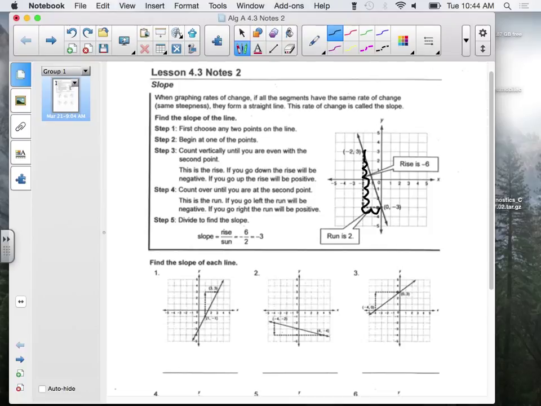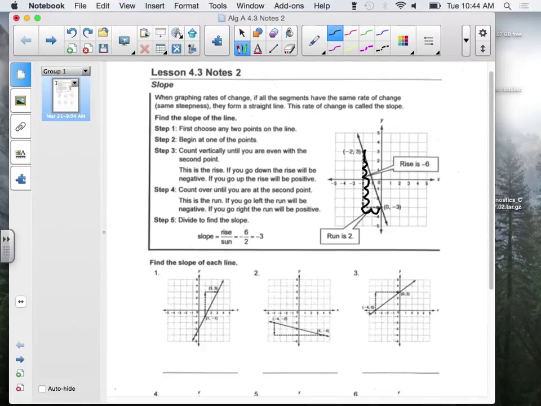If you go to the left, it's negative. So we have our rise of -6 and our run of 2. So -6 over 2 is? -3, it's right there. So the slope of this line will be -3.